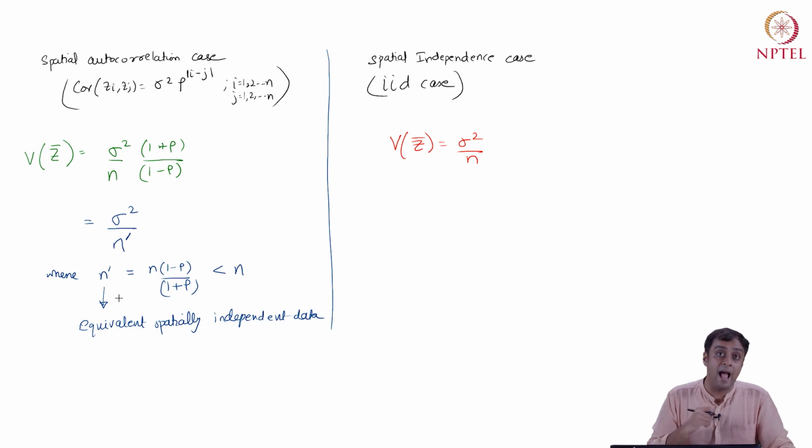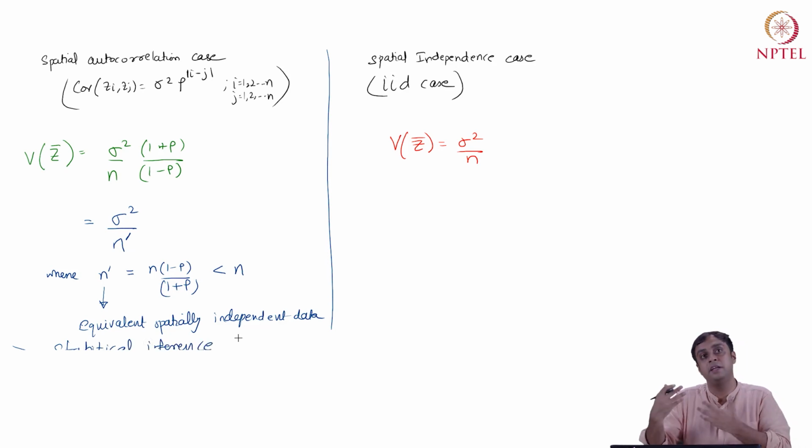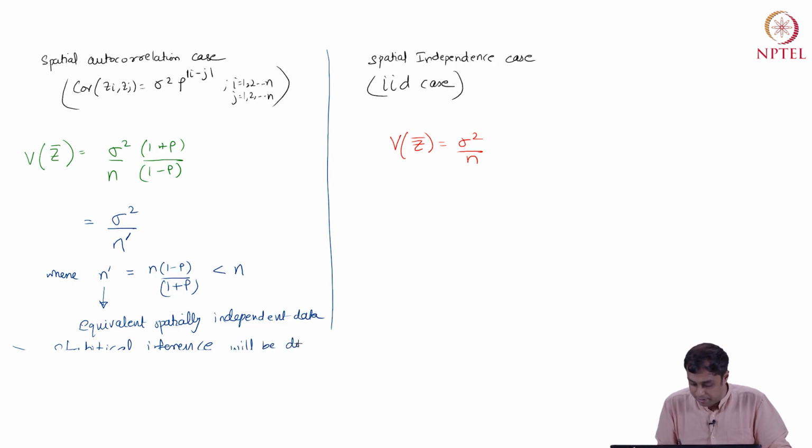So what we are actually saying is that statistical inference, the bound of Z bar, the confidence interval of Z bar, will now be different than in the IID case.